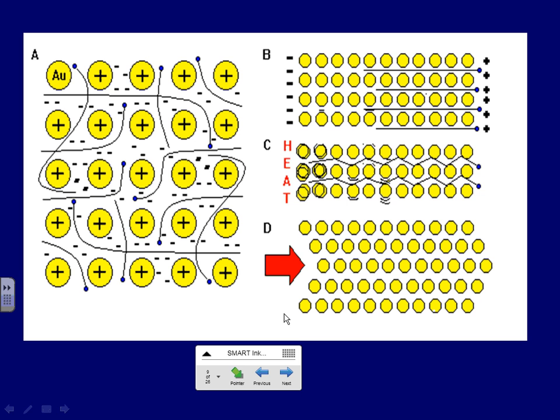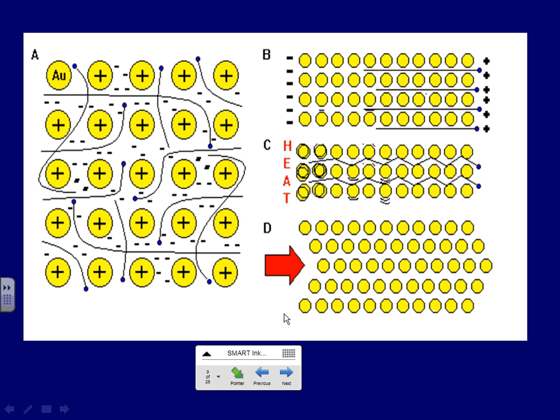They're allowed to freely move because we consider the valence orbital to overlap with adjacent valence orbitals, which then creates one great big delocalized orbital for those valence electrons to move from one nuclei to the other nuclei. That means that we have very delocalized electrons, and therefore the metals can conduct in the solid state because those electrons are able to move freely.